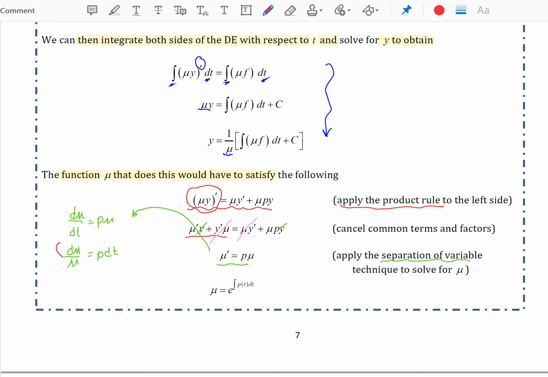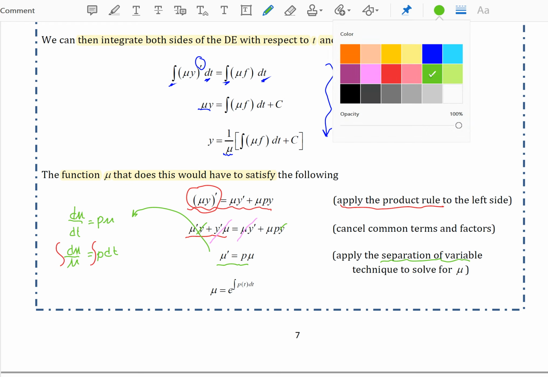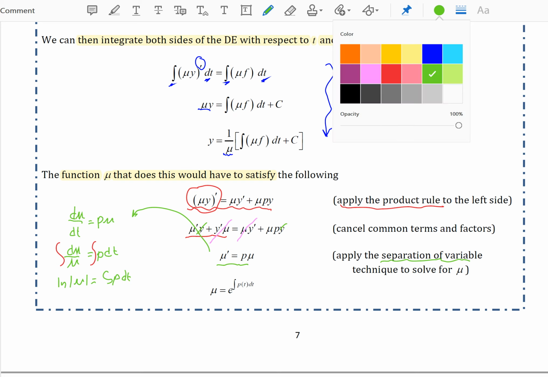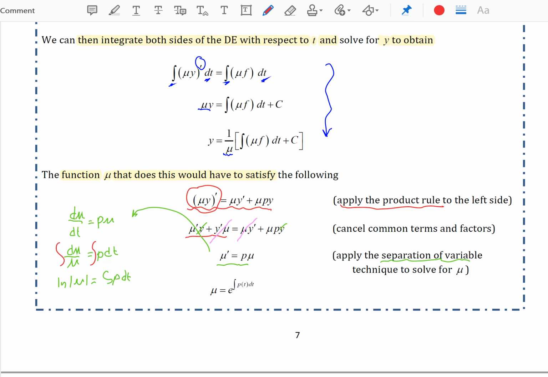Here we'll integrate both sides. On the left, we'd have the natural log of the absolute value of mu. On the right-hand side, since I don't know what p is, it's hard to integrate this. So I'm just going to leave it as the integral of p dt. And now to solve for mu, I'm going to raise both sides with the base e.